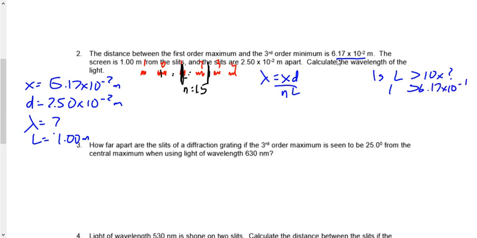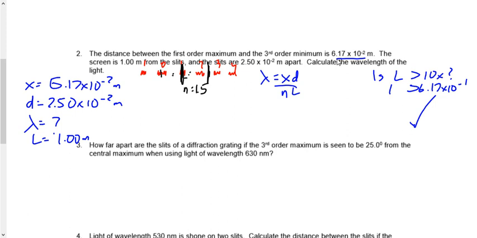Is L greater than 10 times X? It is. So we are allowed to use that equation, right? It's conceivable that when you get a question involving the first max and the third min, that equation won't be valid. But it's not going to happen.